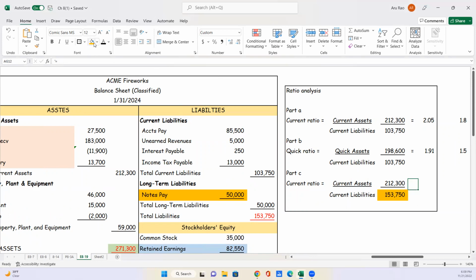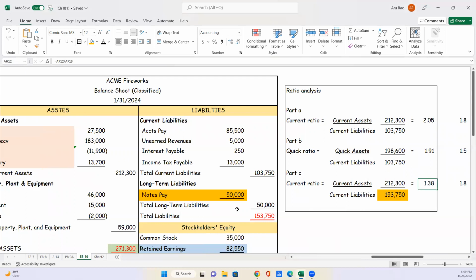That's not good. I need to be ready with that extra 50,000. My current ratio drops from 2.05 to 1.38. If the industry average is still 1.8, the industry average is not going to change. I'm worse off than the industry average.